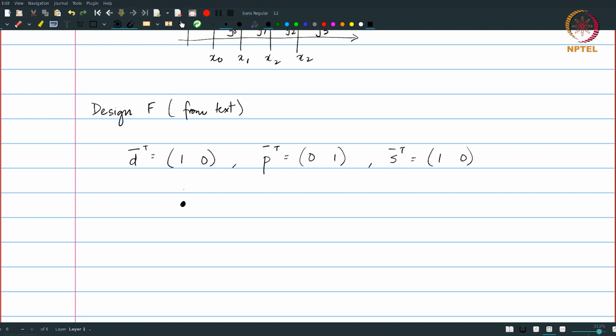In other words, if I have ij as the location of the ijth node, what I actually have is a w which is along the direction 1, 0, x which is along the direction 0, 1, and y which is along the direction 1, minus 1.